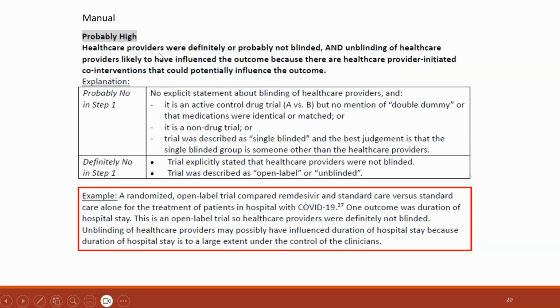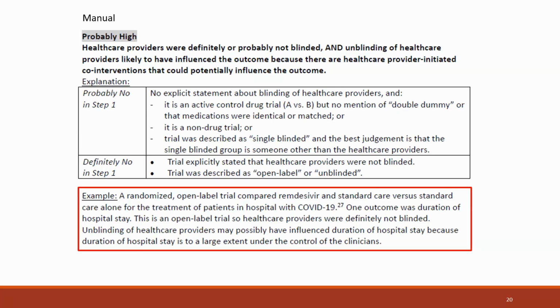Here, the example, blinding of healthcare providers, probably high. We typically give an explanation here: that there is no explicit statement, and that there is a potential that the outcome is influenced by this unblinded situation.